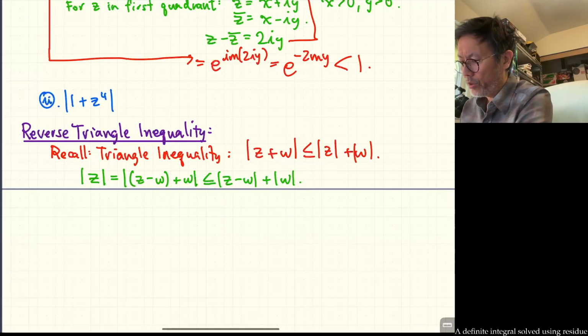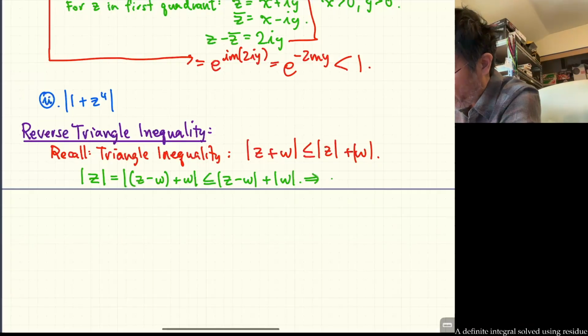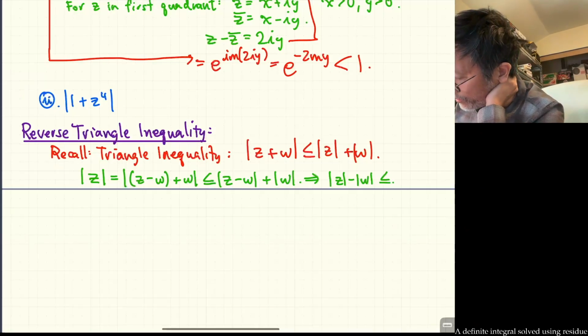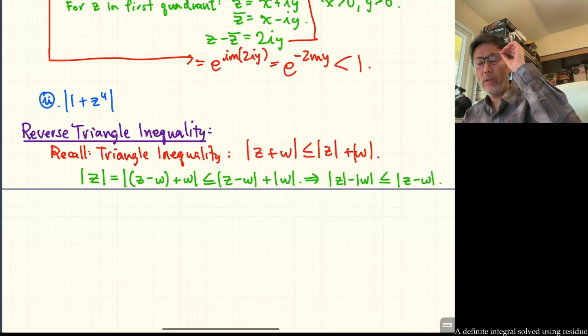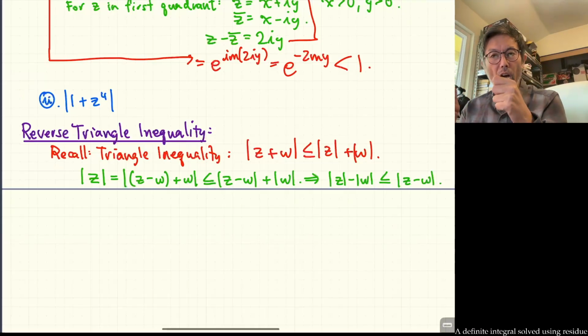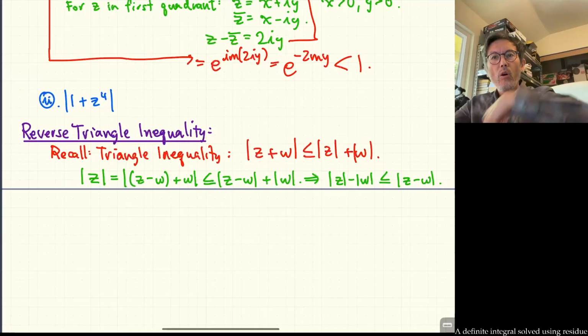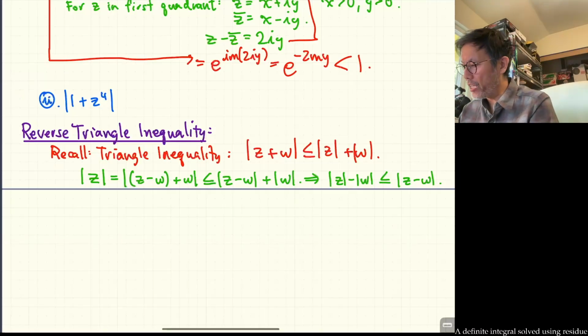So what this shows is that the modulus of z minus the modulus of w, I'm just subtracting from both sides, is less than or equal to the modulus of z minus w. Now, you should understand that the modulus of z minus w is equal to the modulus of w minus z. So you could run this whole argument again and conclude also that the reverse holds.